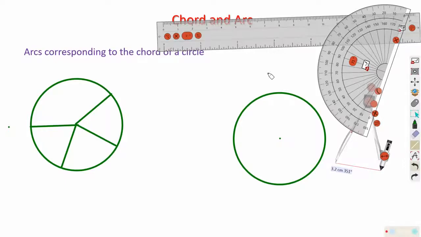Let the center be O, and let this be A, B, C, D, and for my convenience let this be X, so that AXB will be an arc.